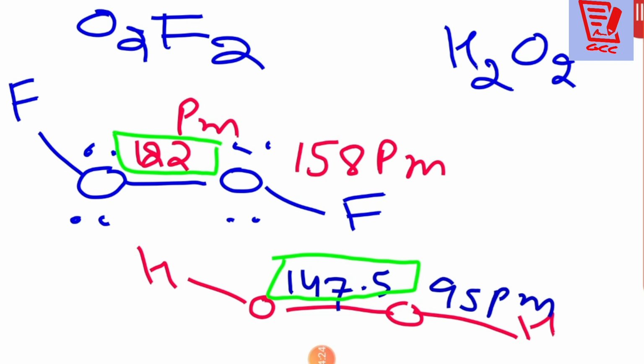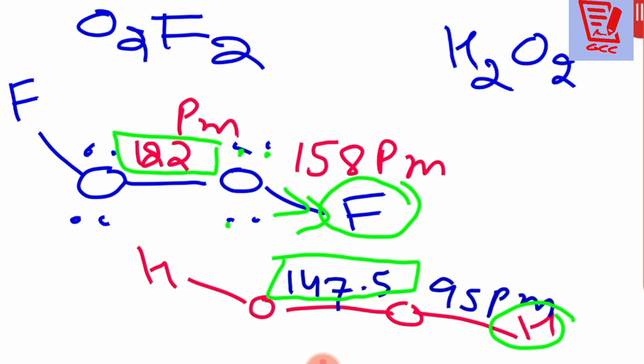Very simple reason is there. Fluorine electronegativity is very much higher than that of hydrogen, so fluorine will attract the electrons towards itself. So the lone pair repulsion between these two oxygens will decrease here, because they are pulled by the fluorine. But in this case, lone pairs of electrons are also there, but hydrogen electronegativity is much lesser than fluorine.